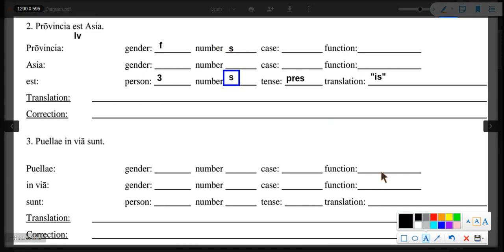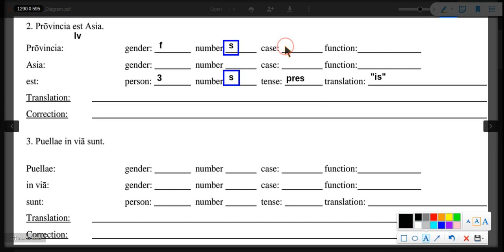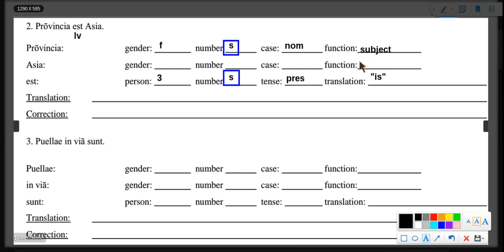We have that short A ending, which we have in the nominative singular first declension. And you can see that our subject is singular, and so is our verb. We have subject-verb agreement there, so we're on the right track. Case, remember your subject will always be nominative case, and then for function, simply put subject.